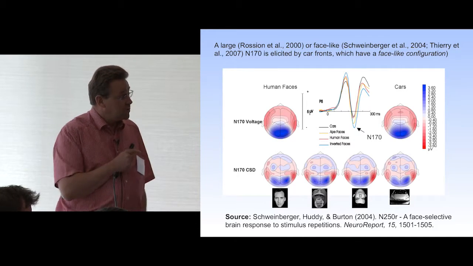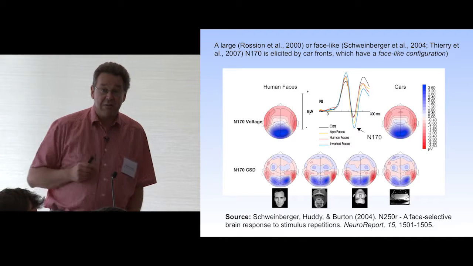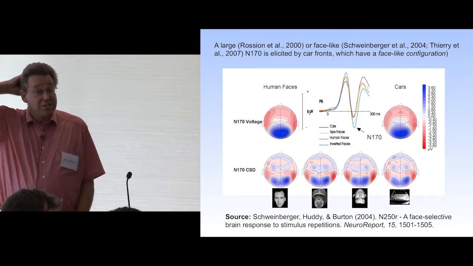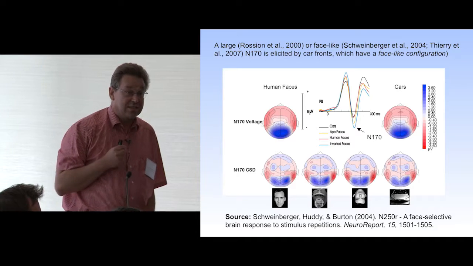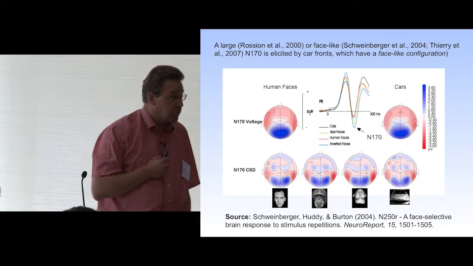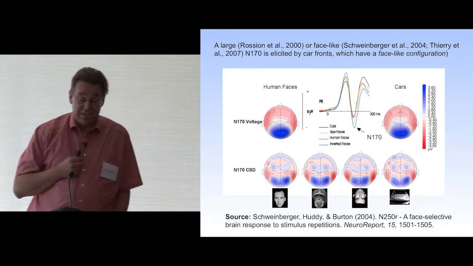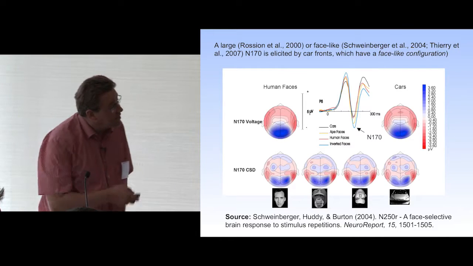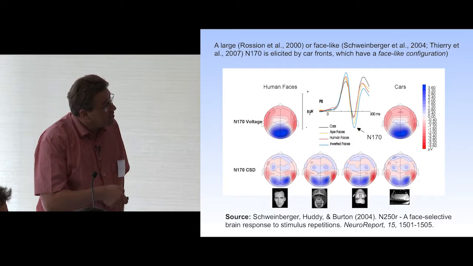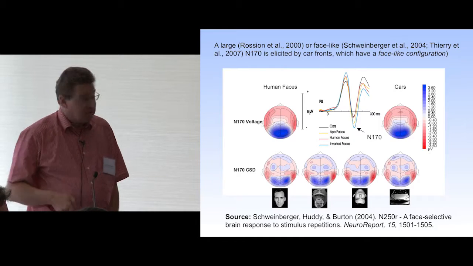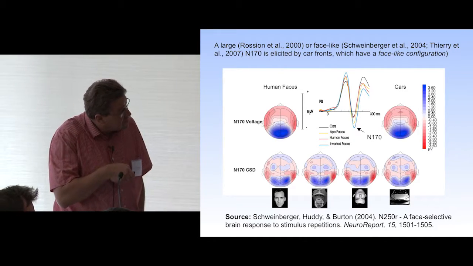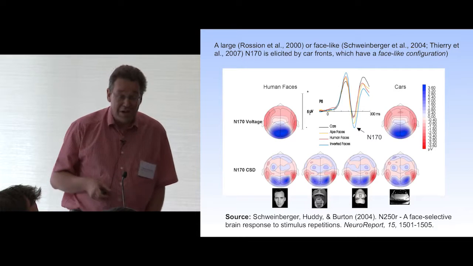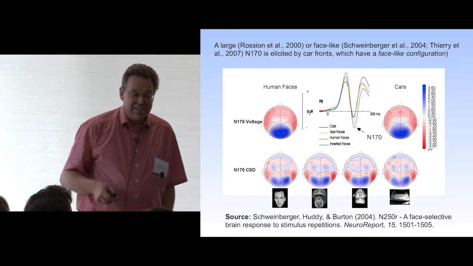Now, Bruno Rossion in 2000, and perhaps even more clearly our study in 2004, showed that car fronts can elicit substantial N170 responses that can be hardly distinguished from the face N170. And you see this when you compare the red and the black traces here. I'm sorry, I can't really point very well because I don't have the feedback from the pointer, but I hope I point in the right direction.